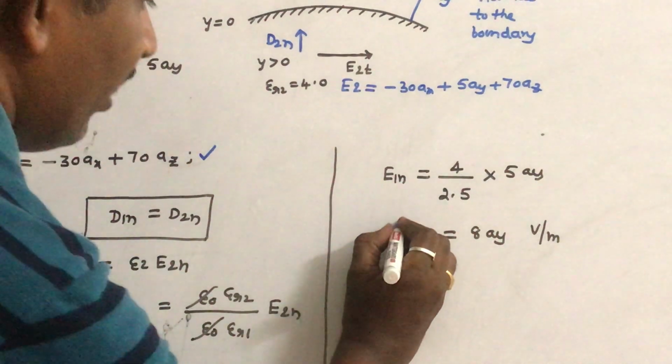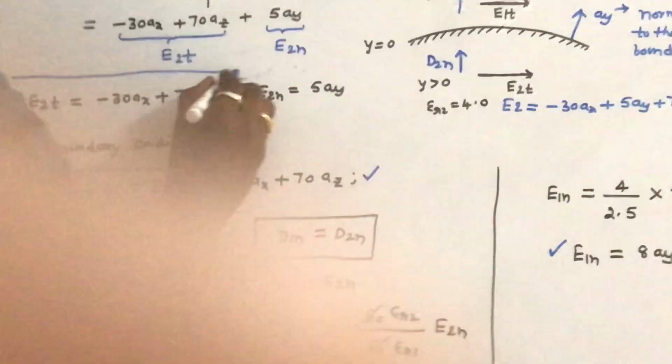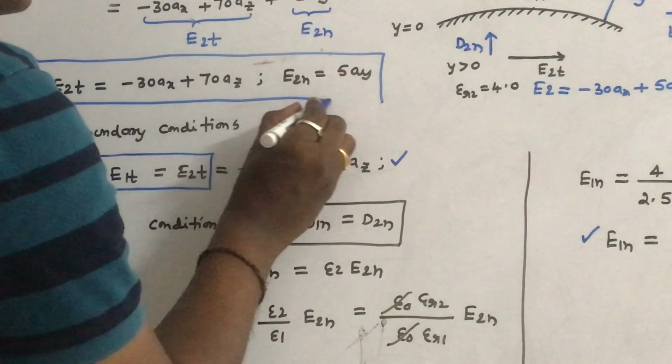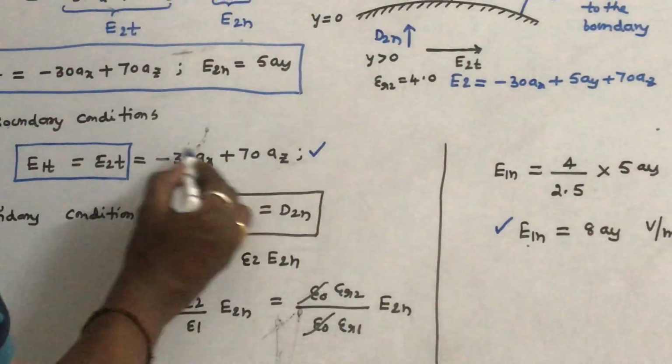This is the E1n answer. This is the E2t and E2n answer: the normal and tangential components in medium 2. This is the normal component and the tangential component in medium 1.